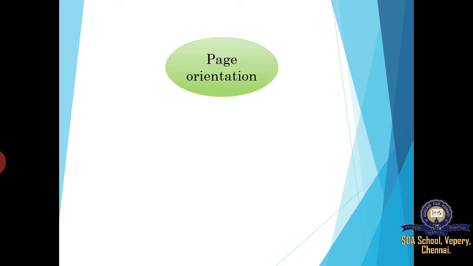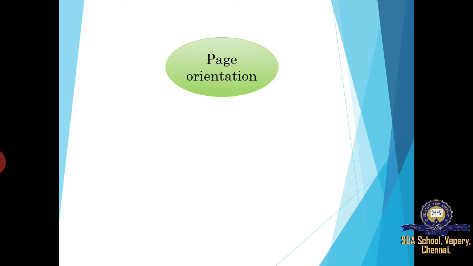Then the next thing we are going to see about is page orientation. First of all, what is orientation? Orientation means how we need a document to be printed or how it looks. It is called page orientation.